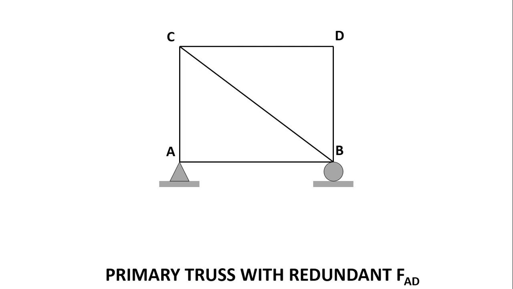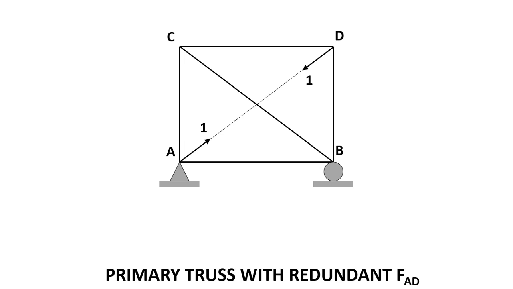So ngayon, hindi natin alam kung ano yung sense ng member AD. Either compression ba siya or tension. So in our case, mag-a-assume tayo ng sense niya, which is tension. So mag-a-apply tayo ng unit load 1 to both ends, point A and point D. Okay, magkasalungat yung dalawang yan.